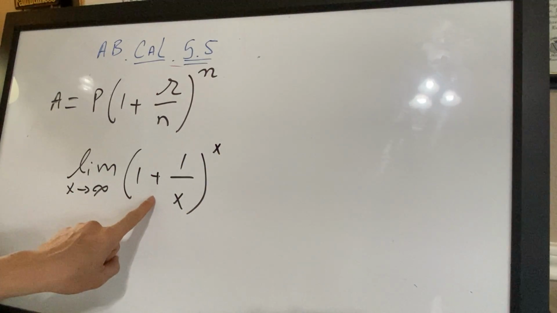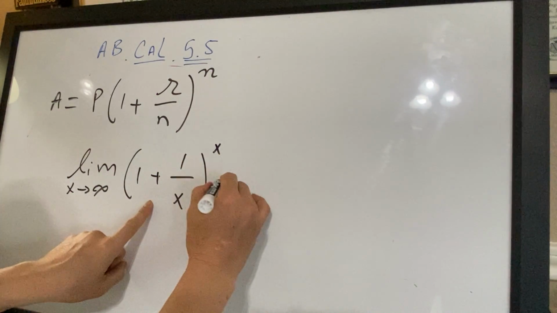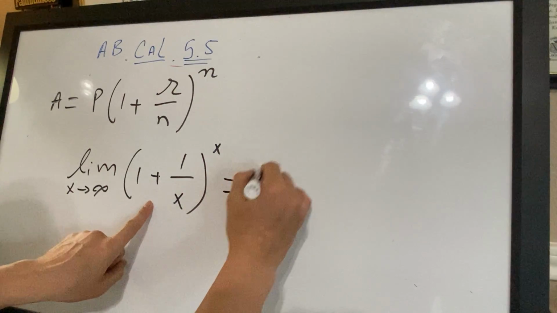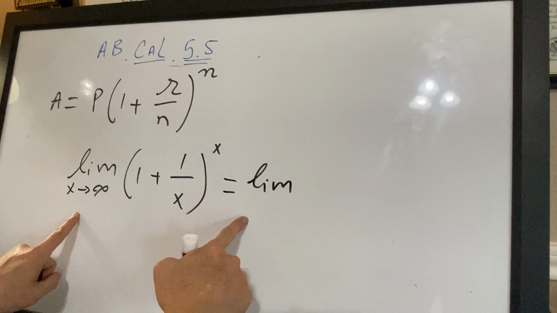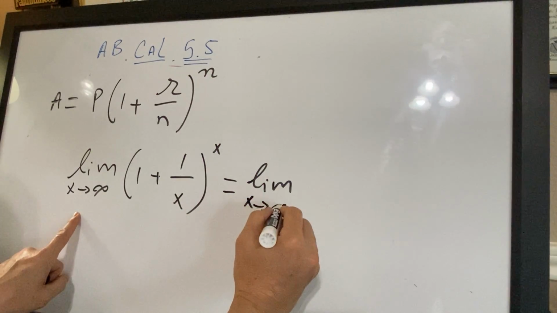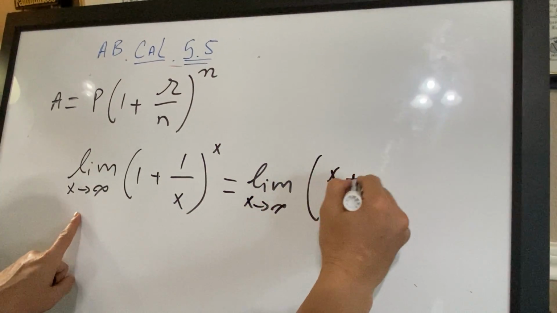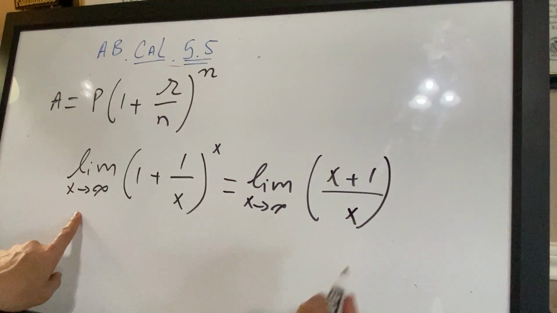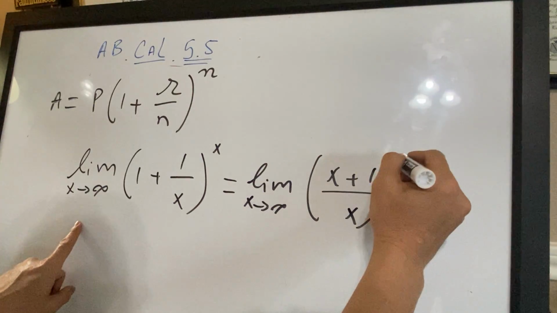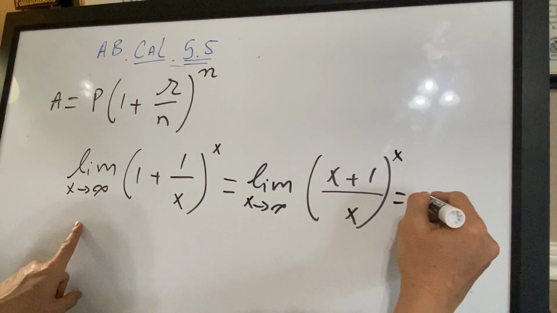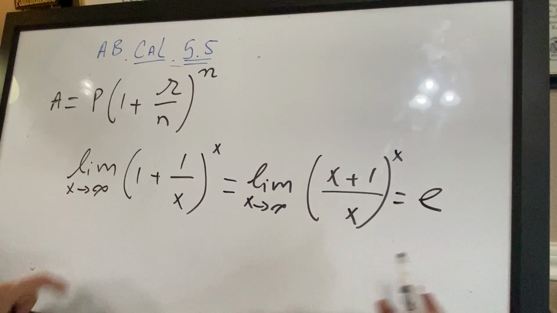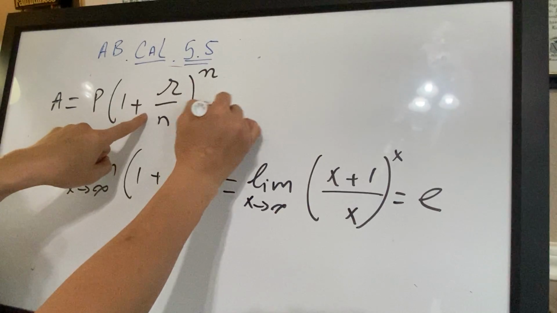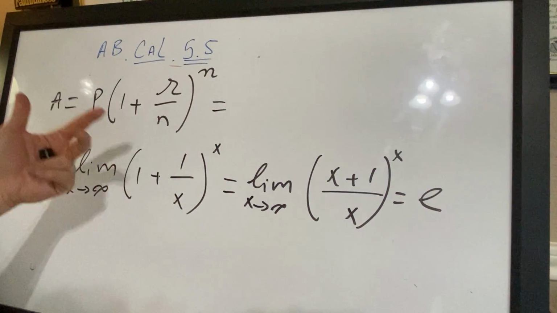This right here is equivalent to the limit as x goes to infinity of x plus 1 over x, to the x power. What does that equal? That will give you e. You see it? Apply these properties, plug it back right here. When we have some time, I will prove that for you.